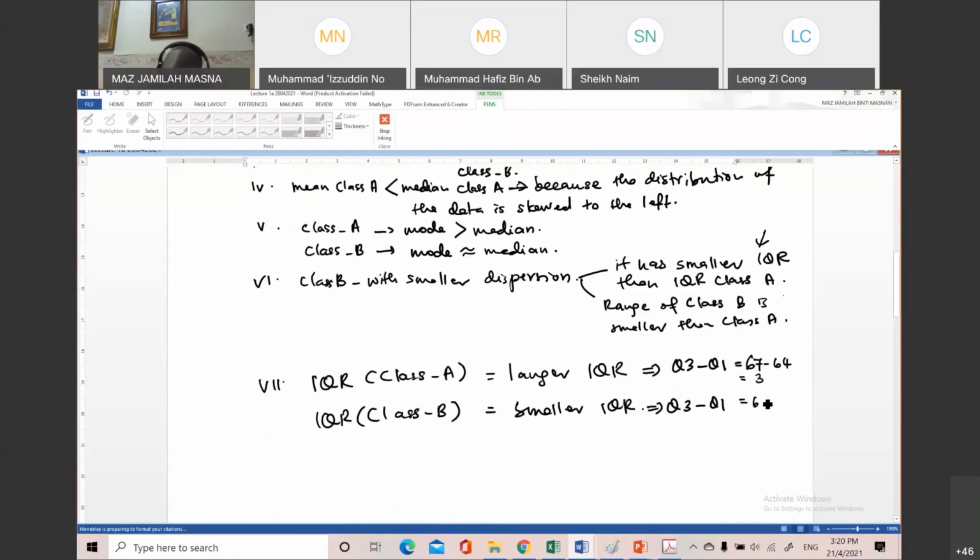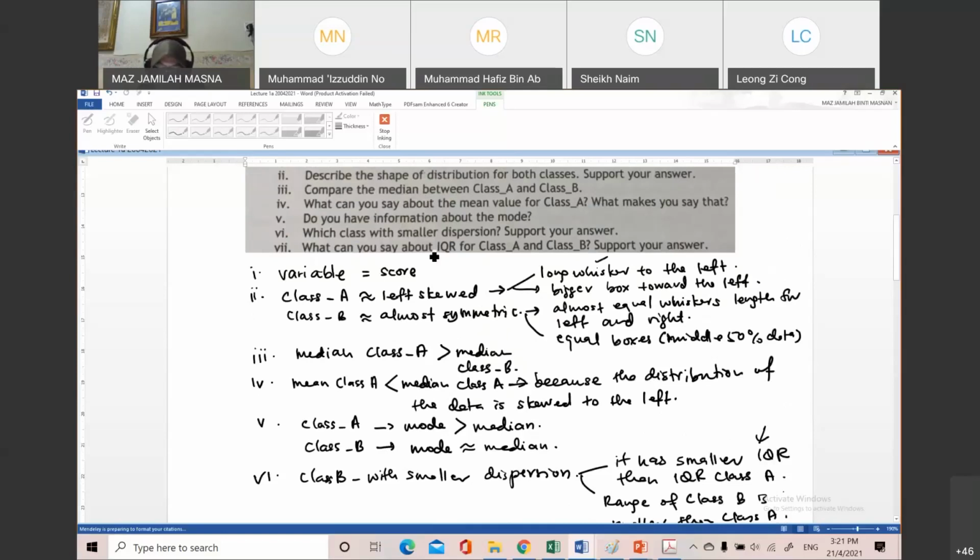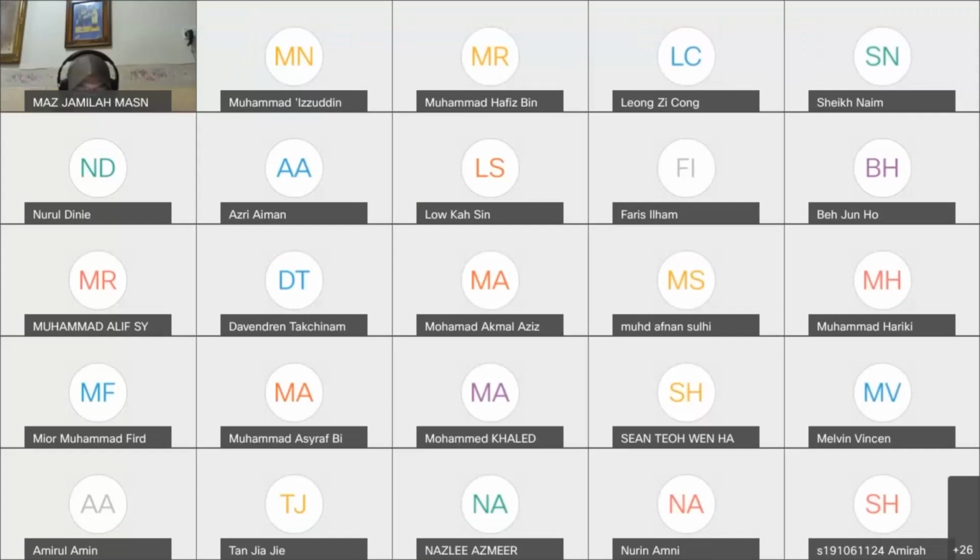And for this one, 65.9 minus 64.6, you get 0.3. So obviously, 3 is larger than 0.3. That would be your supporting answer to the last question: what can you say about the IQR of class A and class B? I'll stop sharing.